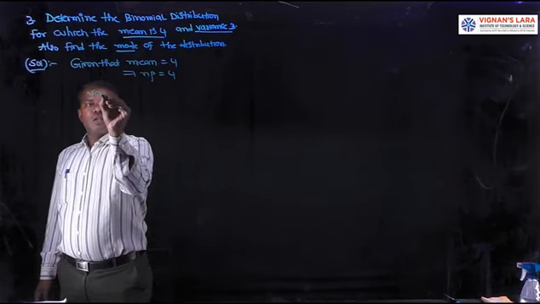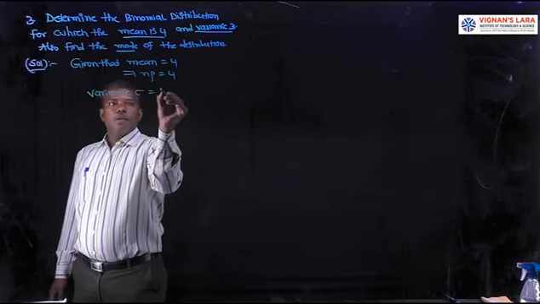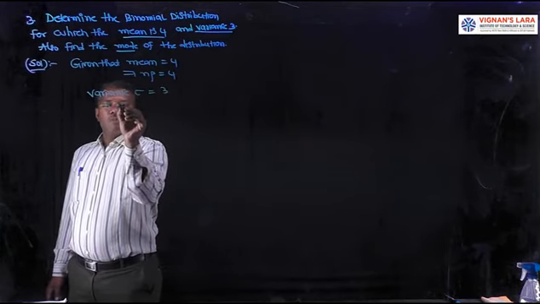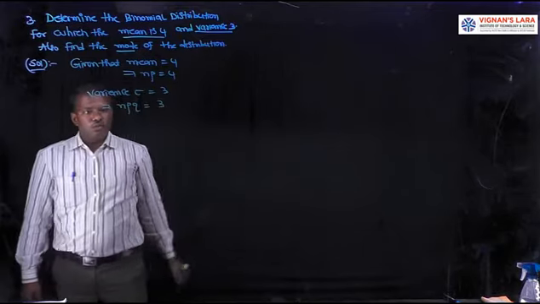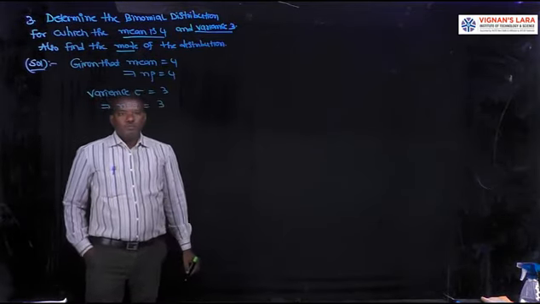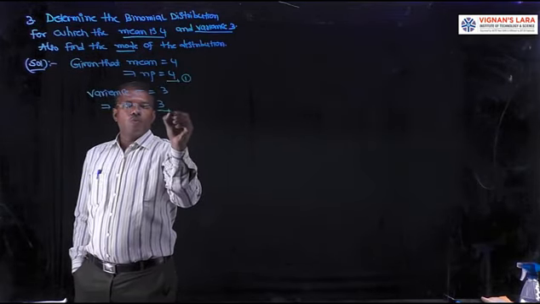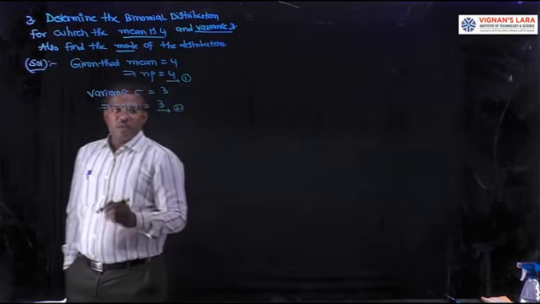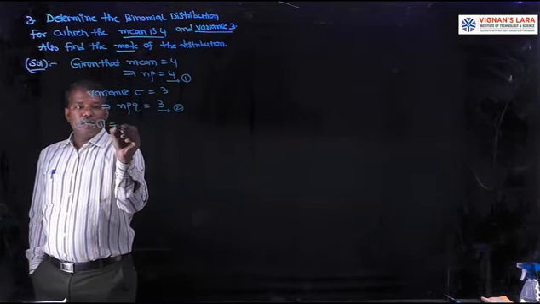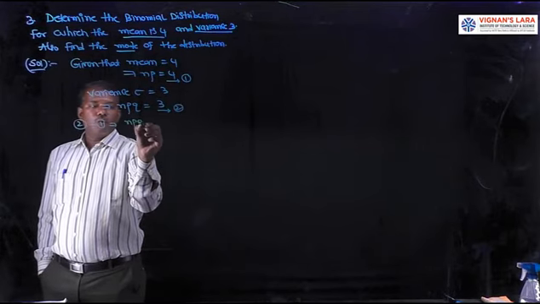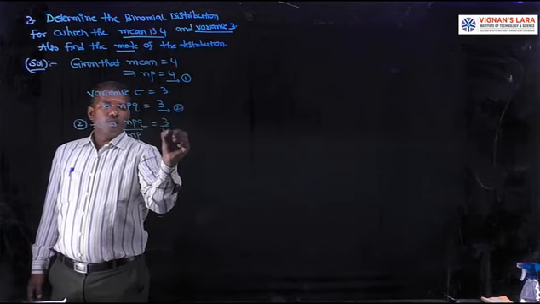Variance sigma square equal to 3. What is the variance in a binomial distribution? NPQ. NPQ is equal to 3. Call it 1 and this is 2. 2 divided by 1 implies NPQ by NP is 3 by 4.